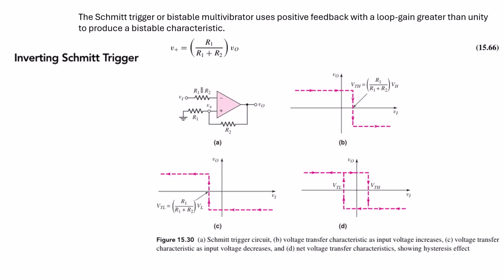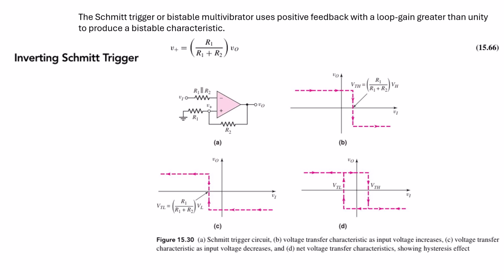As the input voltage increases, if it is greater than the threshold voltage, the output voltage will be low, and if it is lesser than the threshold voltage, it will be the high voltage. So basically it depends on the threshold voltage, and that is where the output will be low or high. That is why this is acting as a Schmitt trigger.